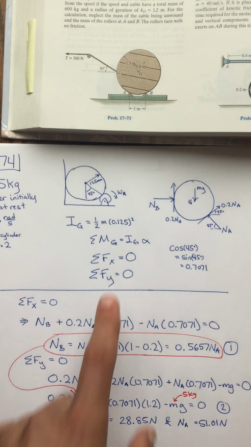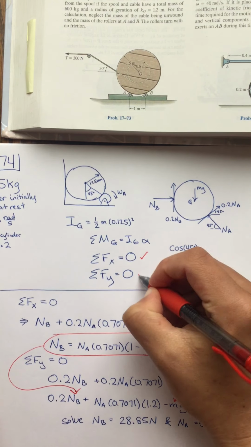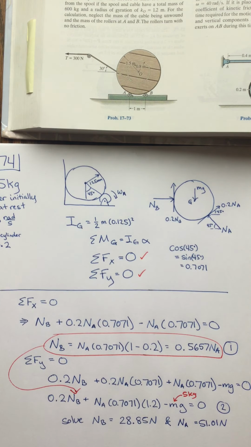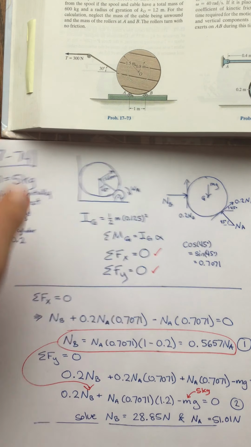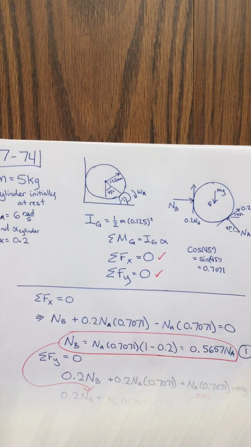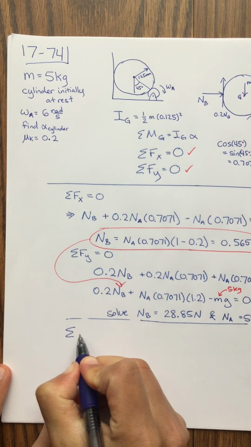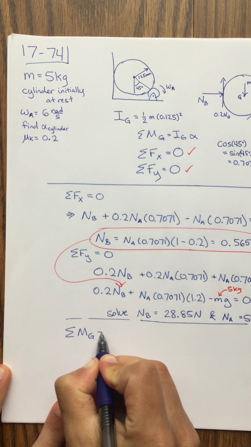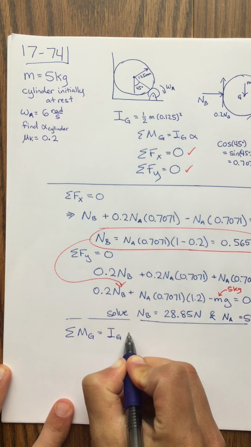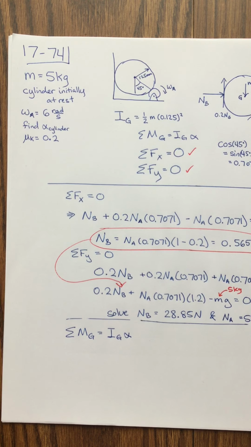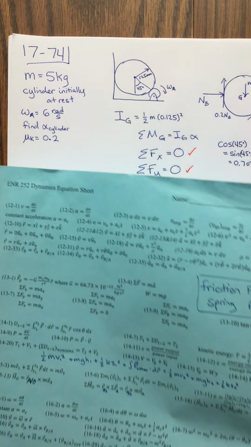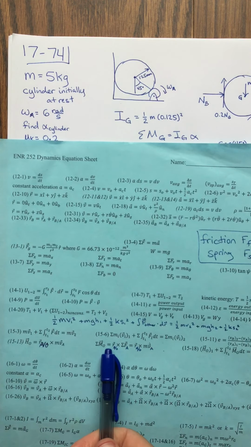Okay, so we did some of the forces in the x direction and some of the forces in the y direction. Now I can do the sum of the moments about point G. Remember when we learned about some of the moments back in chapter 15?